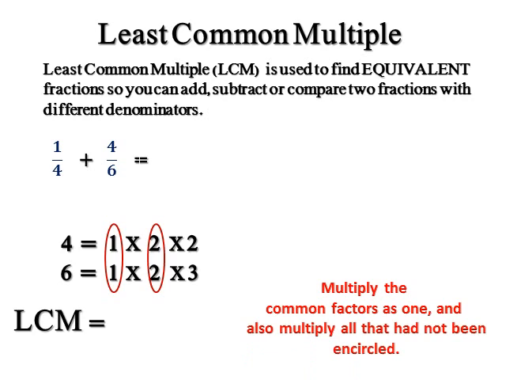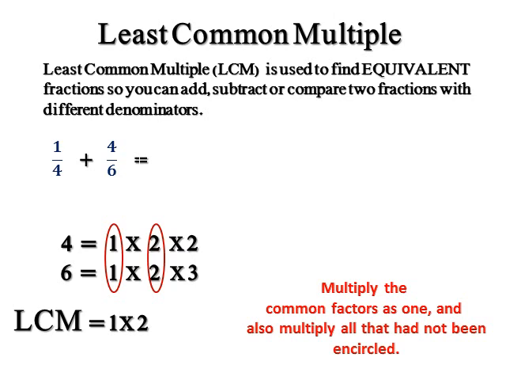We multiply the common factors as 1, meaning they are counted as 1, and then also multiply the ones that have not been encircled. So in this case, both ones count as 1, so we just write it as 1. And the 2 that is encircled, we also count as 1, so you have 1 times 2 now for both the encircled numbers.